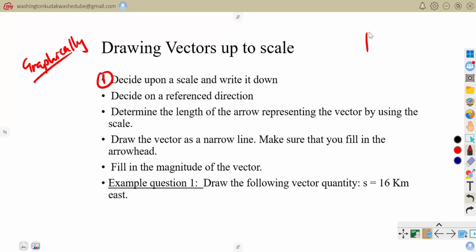I'll keep on using the simplest vector, which is force. I've got a force that is being applied, and this force has a magnitude of 10 newtons. You can see that this force is towards the east.